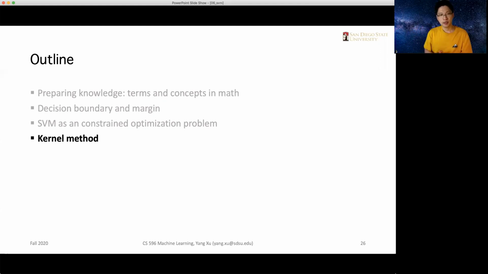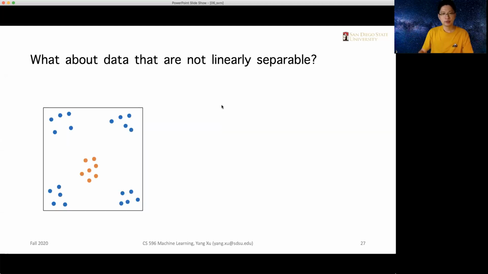Okay. Actually, the bullet "kernel method" is not precise, because we're not only going to talk about the kernel method. The kernel method is just one technique that helps deal with the case that the data cannot be linearly separated. Okay, so we're going to look into the details.